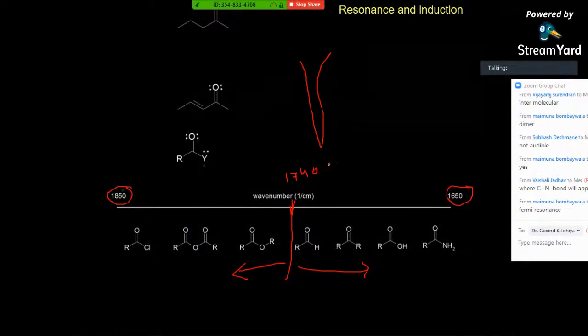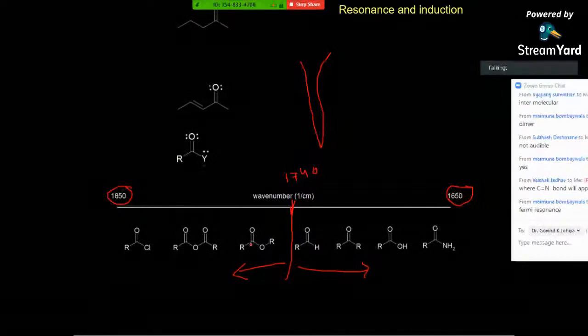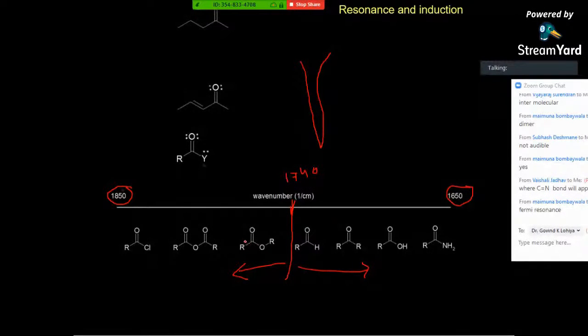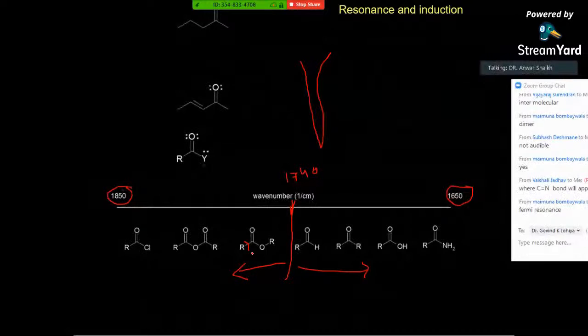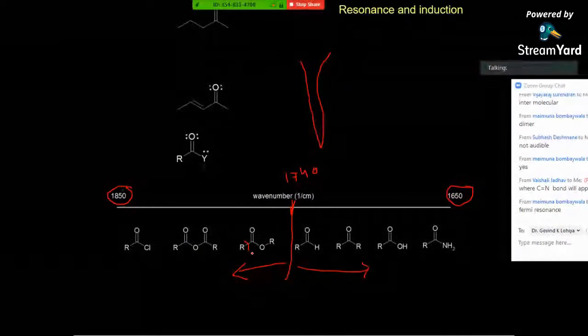If you go 1740 to the right-hand side, we have, for example, this C double bond O, which is of an ester. This ester C double bond O is connected to an alkyl group, which is, for example, electron donating.